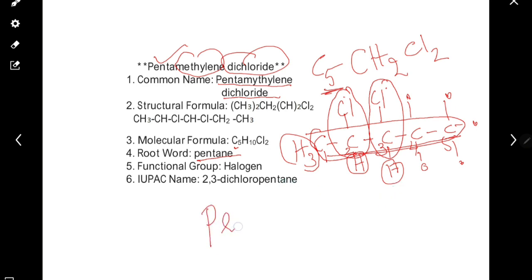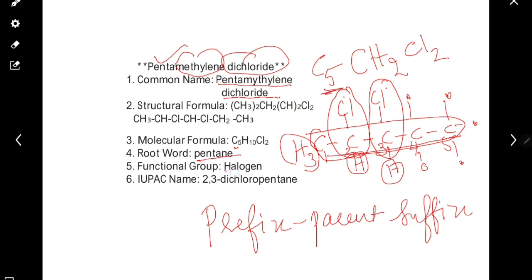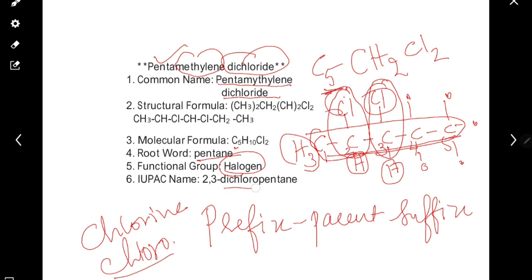As we already know, first comes the prefix, then the parent name, and then the suffix. Since it is a halogen and it is chlorine attached, the prefix used is chloro. Since there are 2 chlorine atoms over here, that is why the word dichloro.